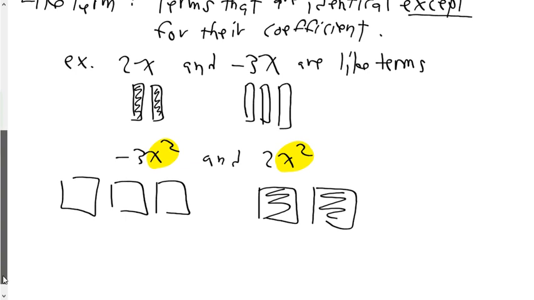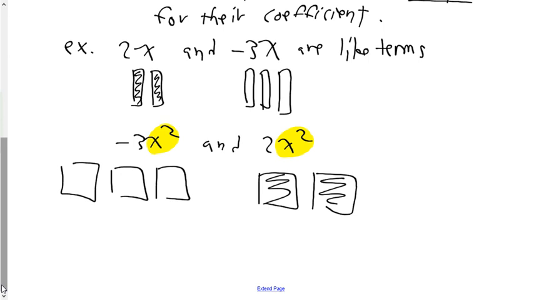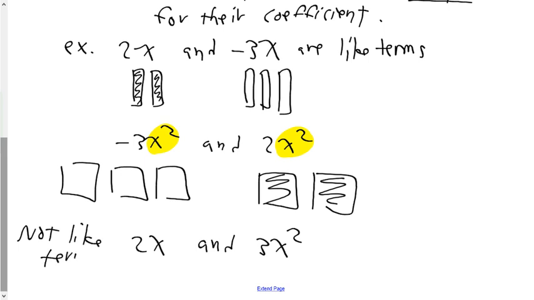Now, examples of things that are not like terms, what you think they might be, is let's say 2x and 3x squared. They are not like terms, not like terms. Because yes, the coefficients are different. The coefficient here is 2 and the coefficient here is 3. They can be different. That's okay if the coefficients are different, but we don't have the rest of the term being like.